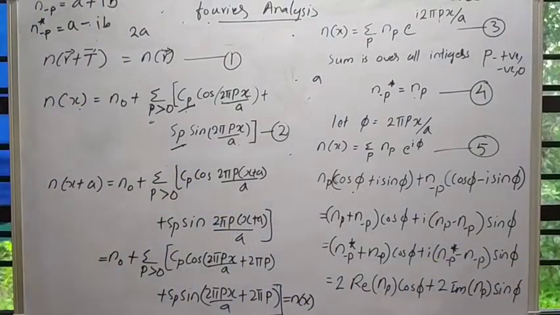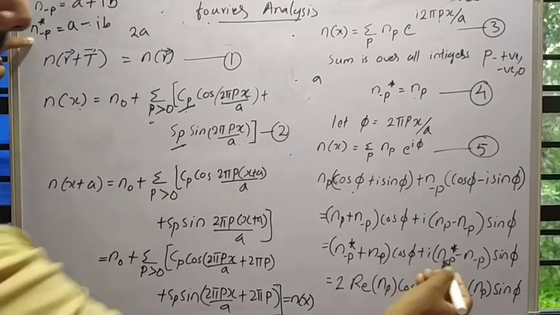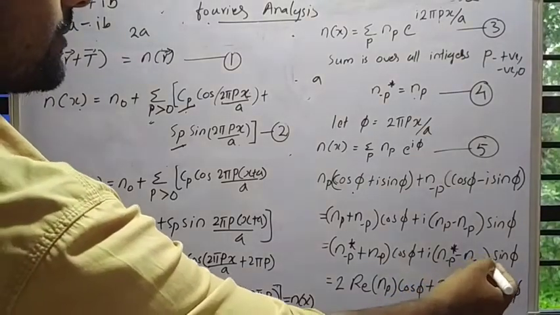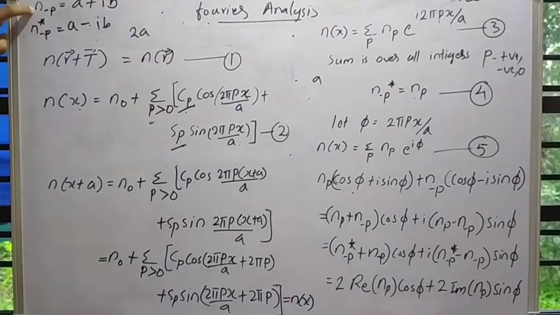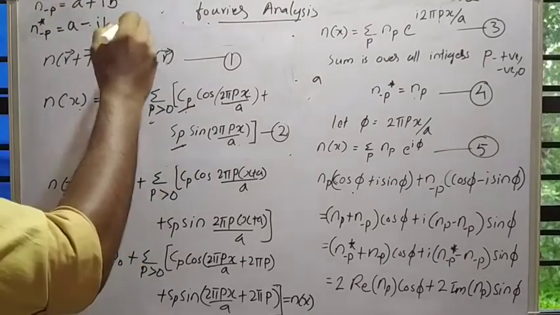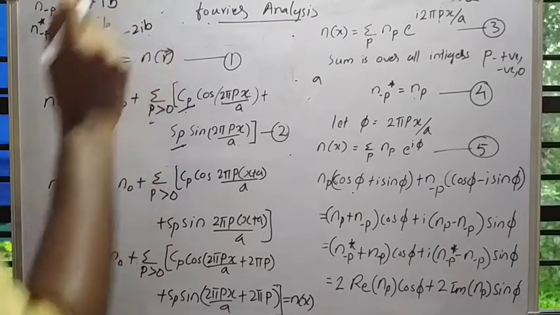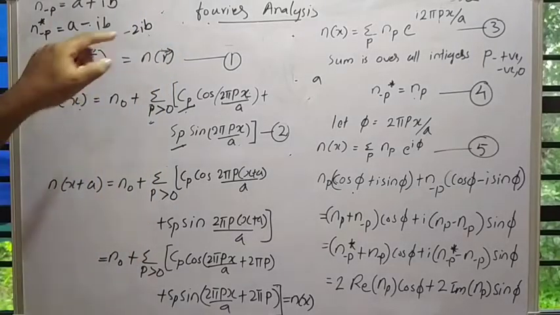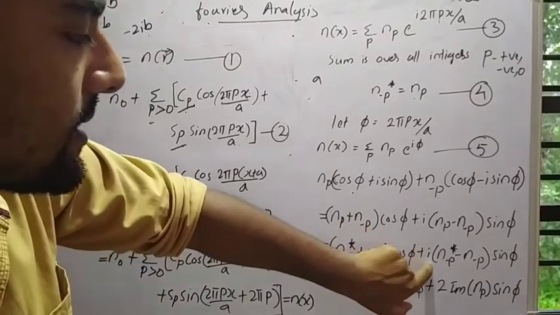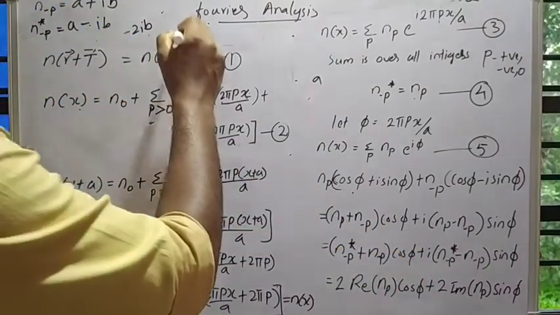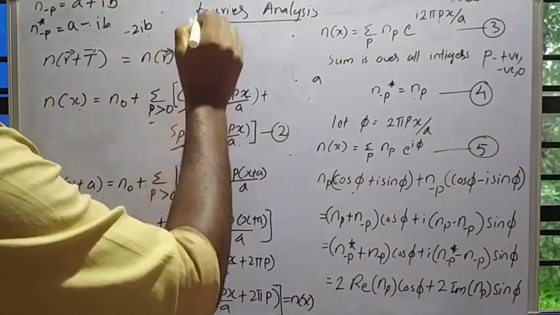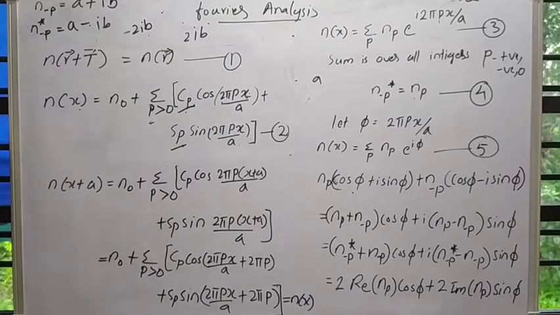Okay, and if I subtract n minus p minus n minus p star, it will provide minus 2ib.